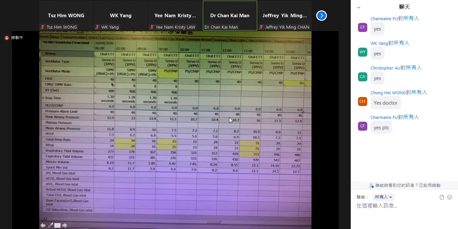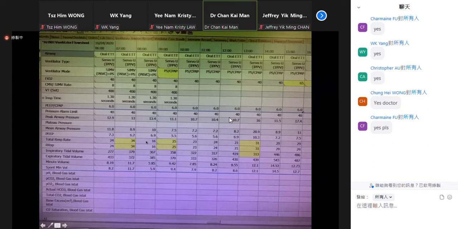After sedation and paralysis, he was put on SIMV PRVC mode plus pressure support, with a set tidal volume of 400 and a PEEP of 6, and it delivered a tidal volume of around 372 to 433, respiratory rate between 24 to 34.